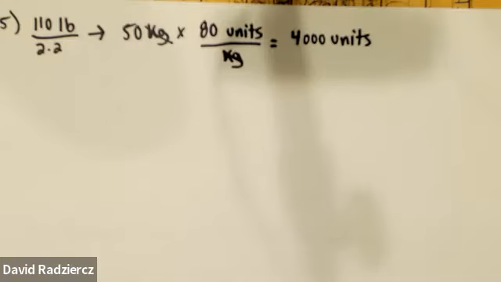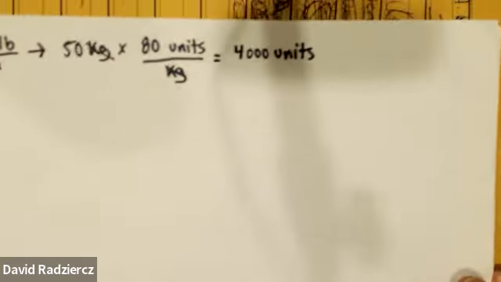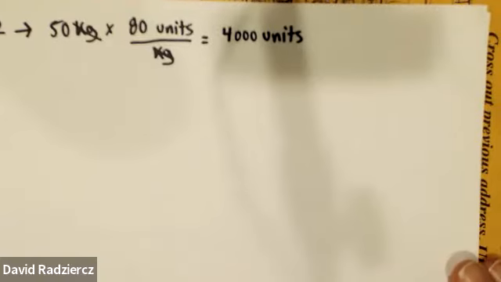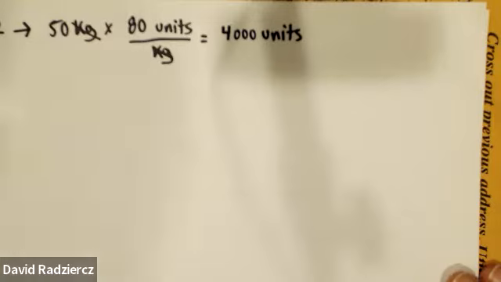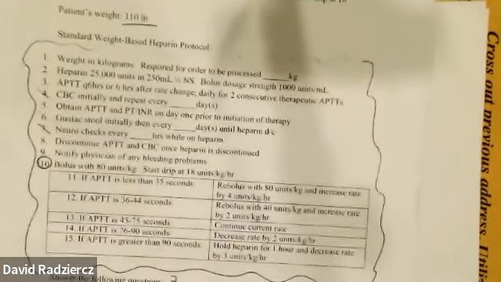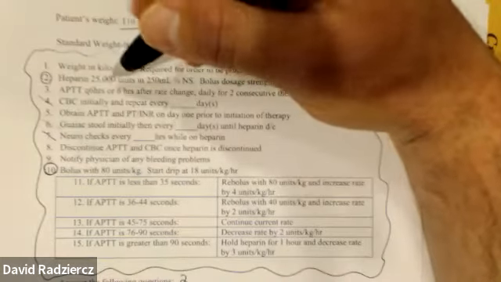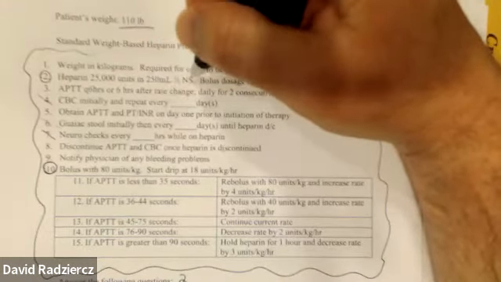But the question says, calculate the number of milliliters to administer for the bolus. So I need to know how to convert units to milliliters. This is where the protocol comes in, and every time we do this, it's always the same. In the protocol, step 2 says heparin 25,000 units in 250 milliliters half normal saline.